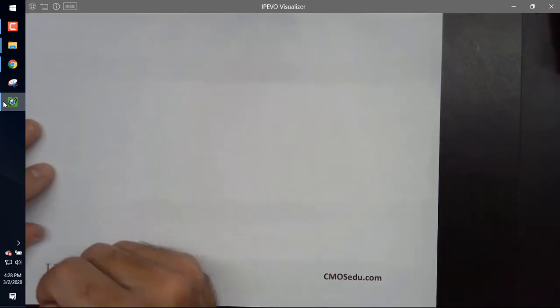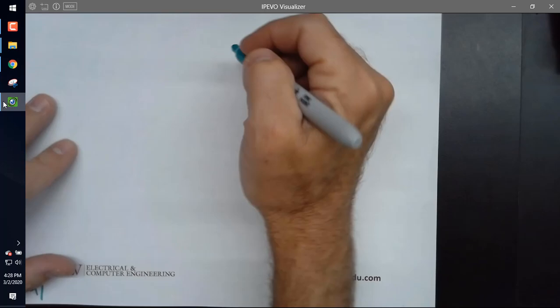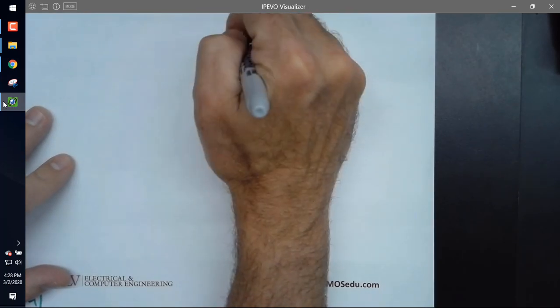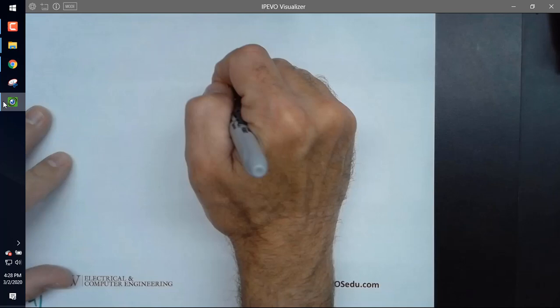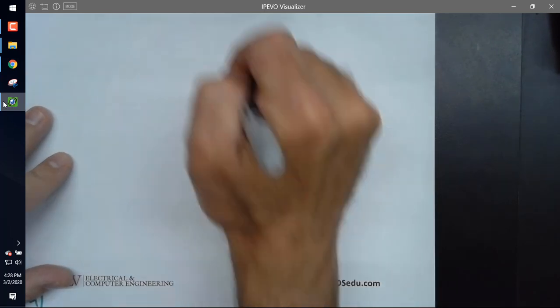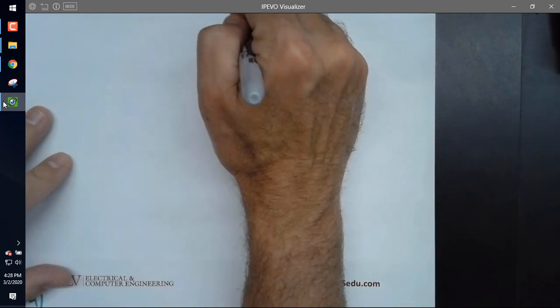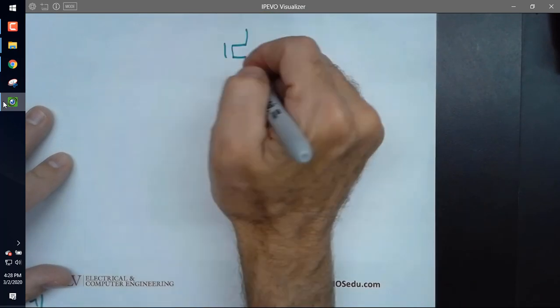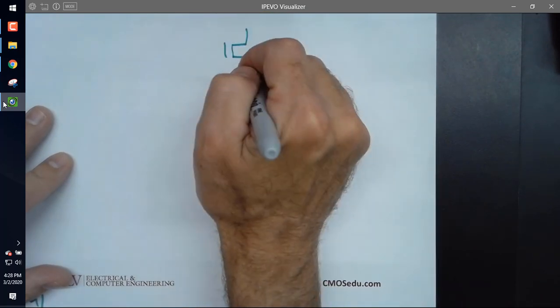So, this is page 4. Let's take a look at the following. If I have, here's my bottom cascode, here's my top cascode, then what I'm going to do to provide the gain is the following.